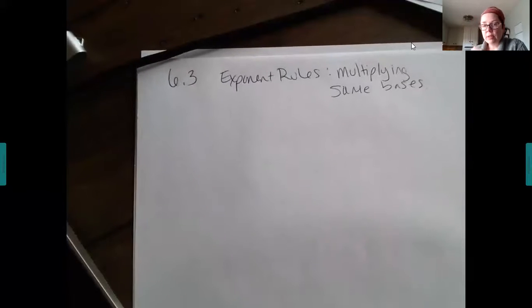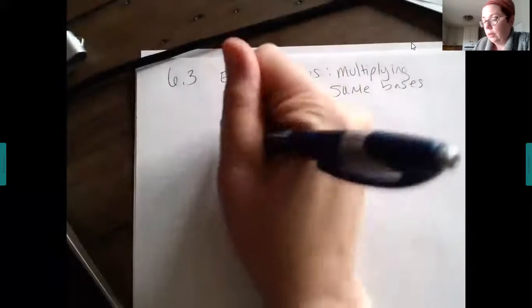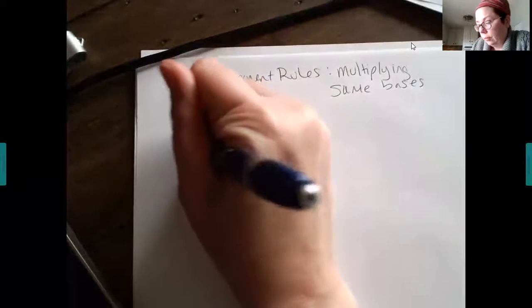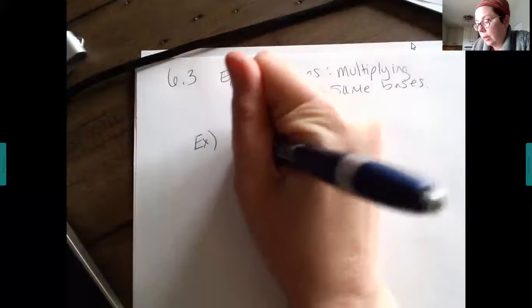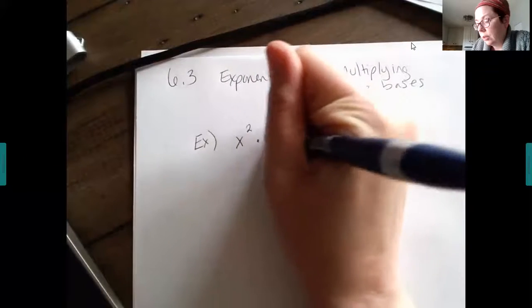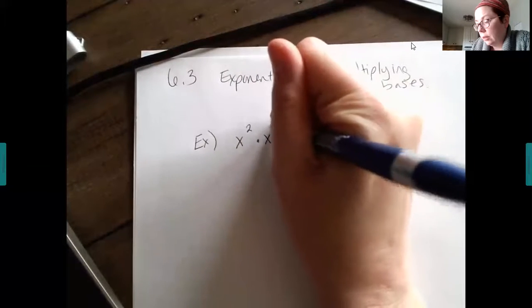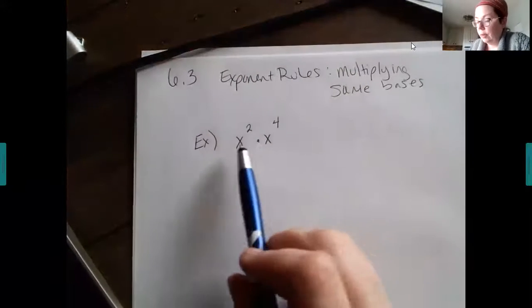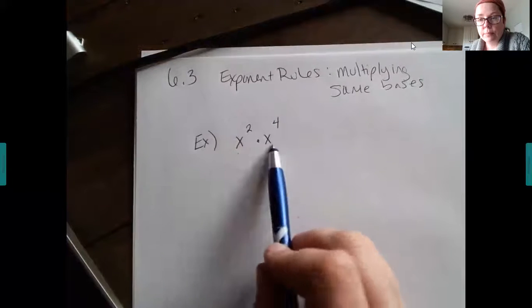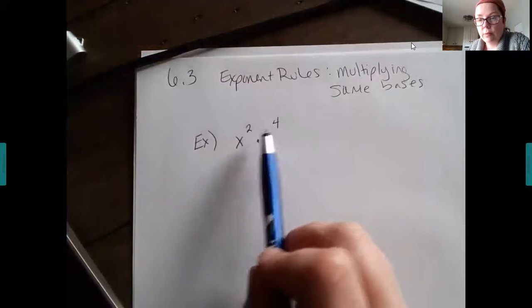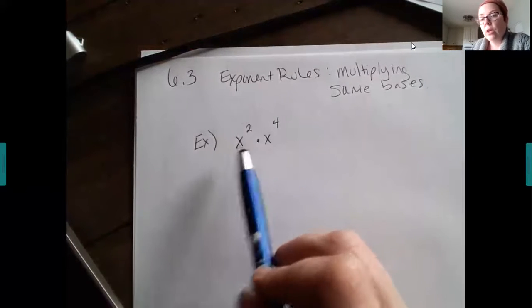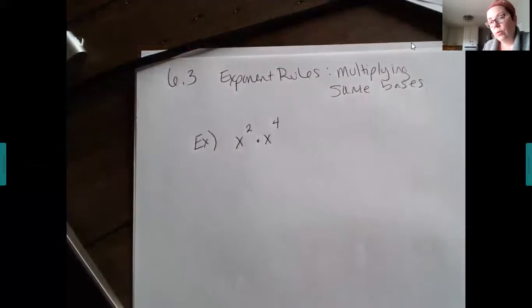If we have the same base, and when we talk about base, we're talking about things like if I had x squared times x to the fourth, okay? Multiplying, same base, right? I'm going to write this out and then show you the shortcut.